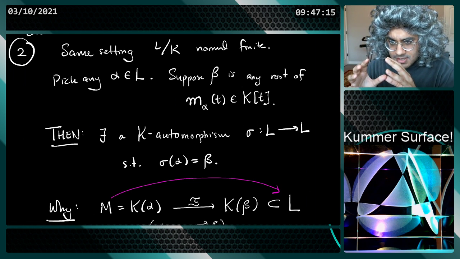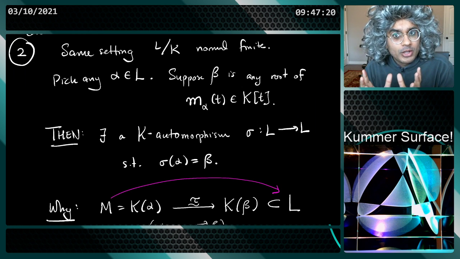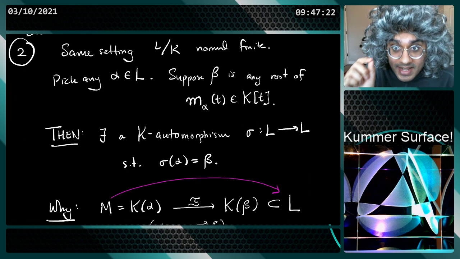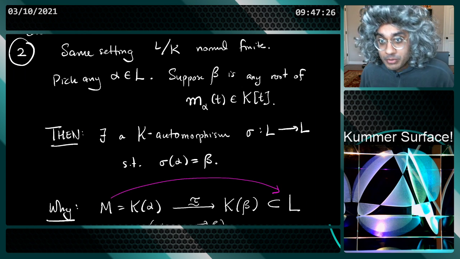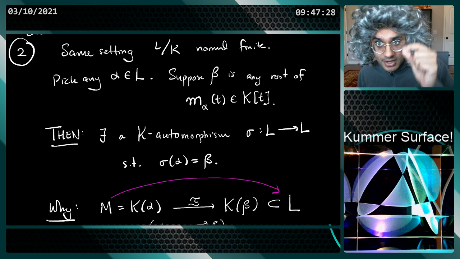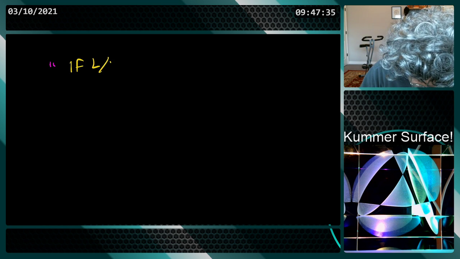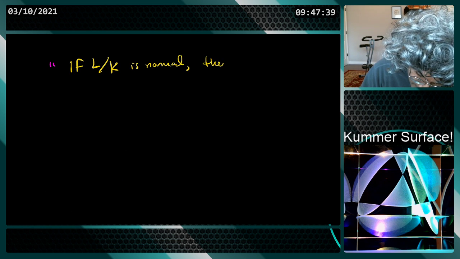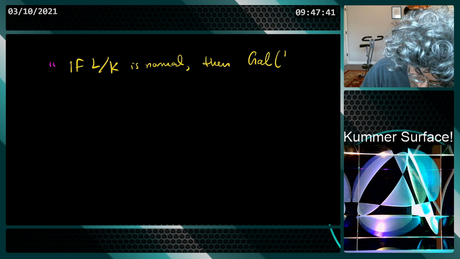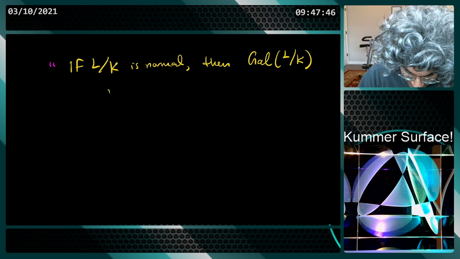In other words, the Galois group, the group of automorphisms of L over K, acts transitively on the roots of irreducible polynomials if the roots are in the field. So I'm going to say that as a slogan. If L over K is normal, then this Galois group acts transitively.